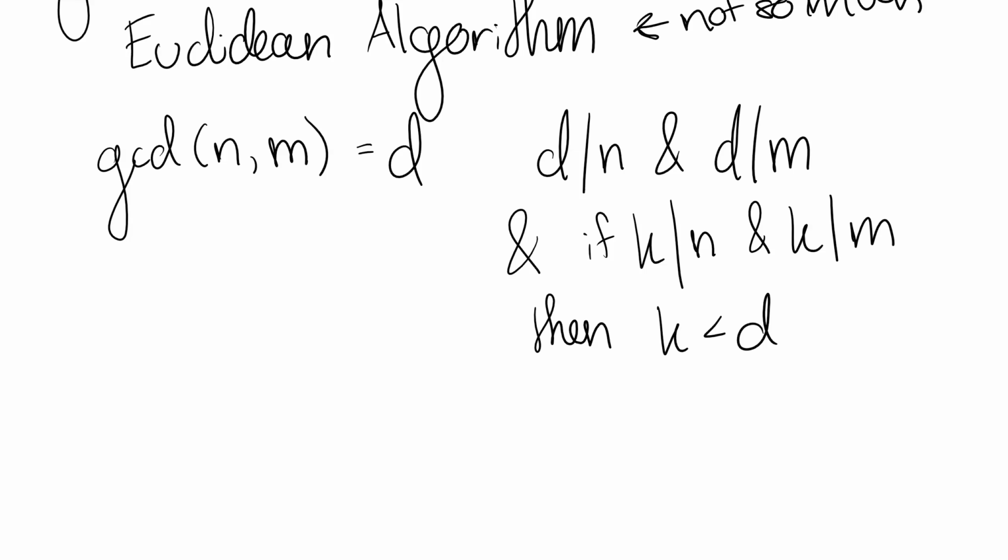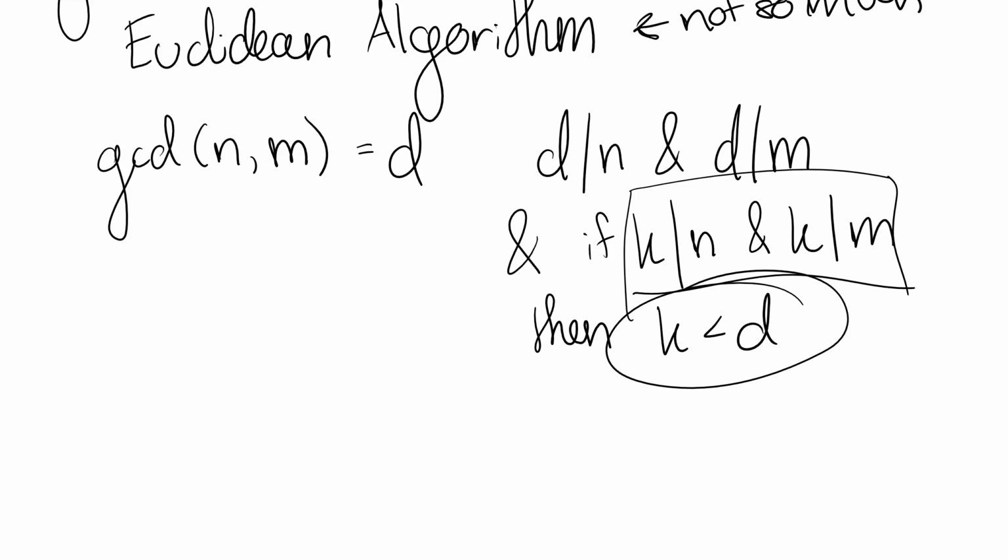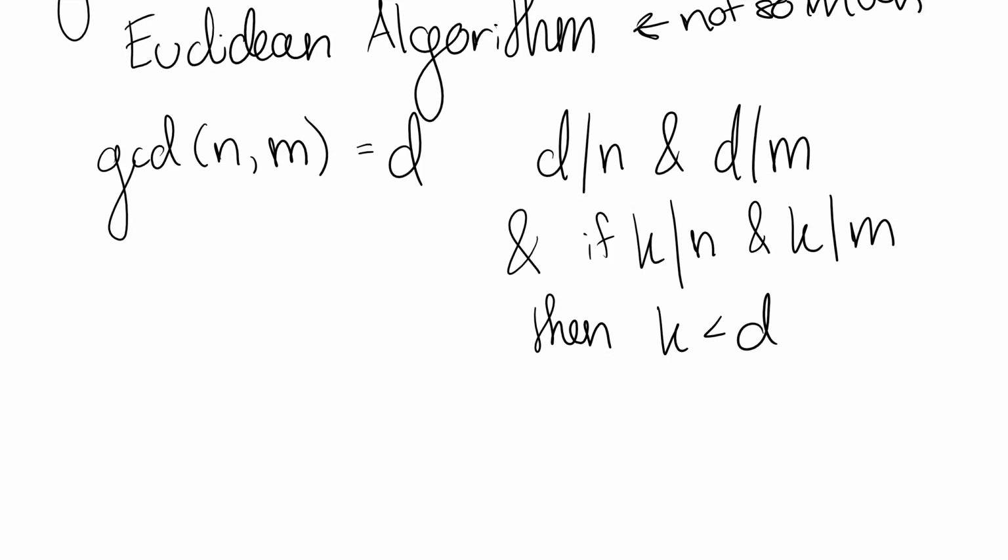It's a common divisor that they both have. So D divides N and D divides M. But also, if something else divides both of them, then that something else is going to be less than our D. That kind of makes sense. It's the greatest, so it's the biggest, and then it's a common divisor between the two.